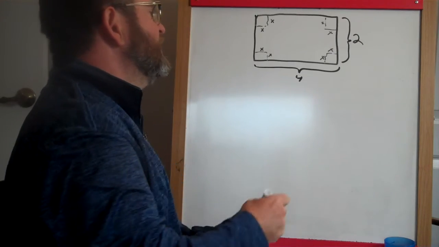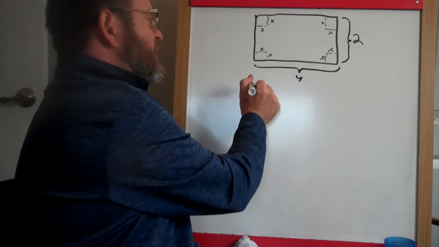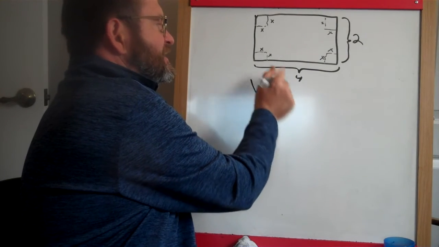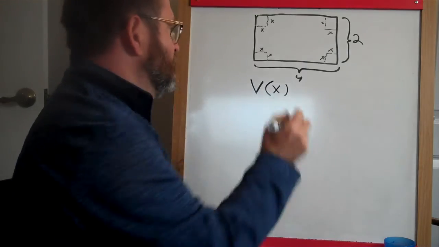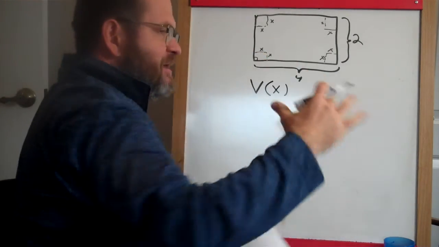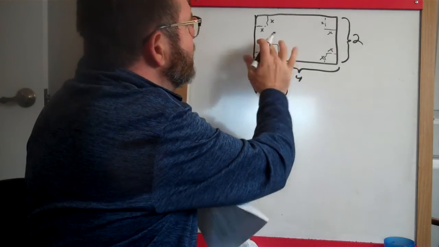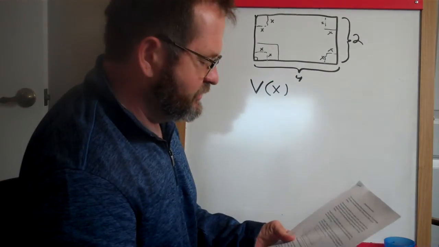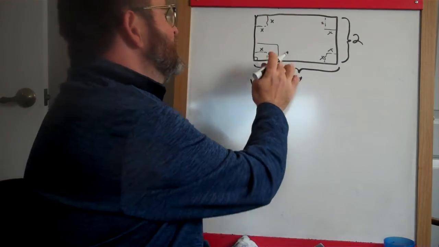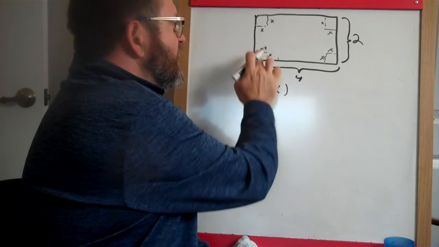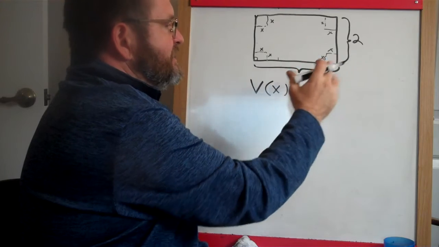So we're going to make a function, a volume function, and it's going to depend on x, the size of the little corner that we cut out here. We could make a little bitty corner cut out and make a big flat box that's not very deep, or we could make x pretty big and have a taller, narrower box. The volume of that box is going to be determined by x. It's going to be width times depth times height.